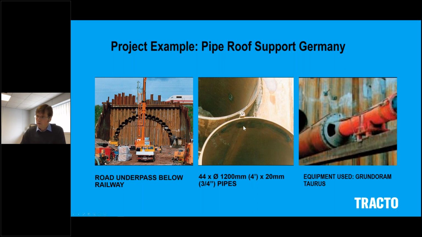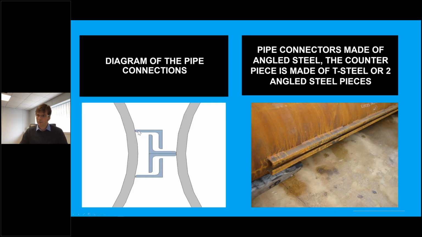And what we did here was we prepared the pipe to have them linked together, and that was achieved very simply by welding onto the one product pipe a simple T section and 2 L sections onto the other product pipe, so that there was guidance beyond the line and level. That was obviously carefully considered as well.